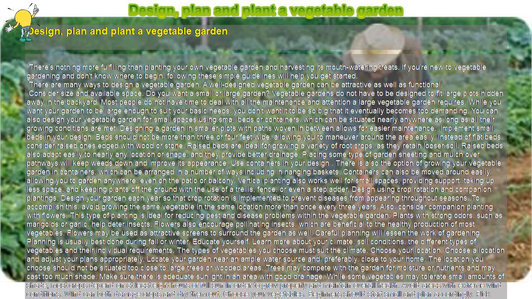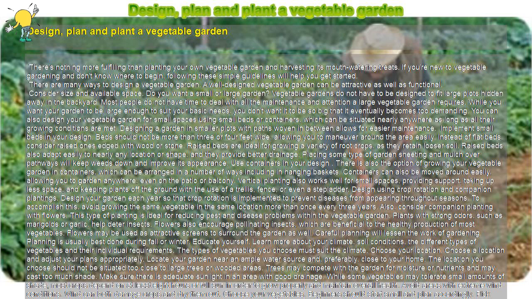Raised beds also adapt easily to nearly any location or shape, and they provide better drainage. Placing some type of garden sheeting and mulch over pathways will keep weeds down and improve its appearance.